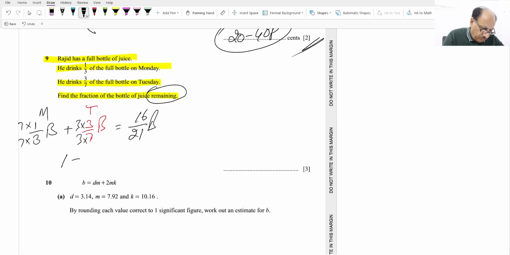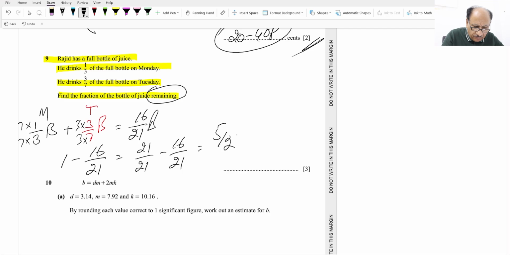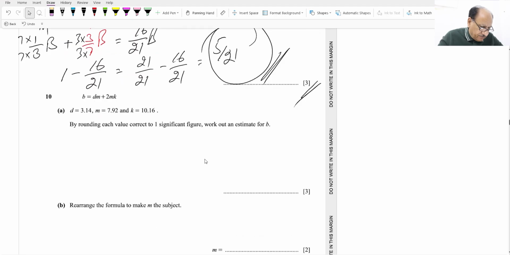So we write 1 minus 16 by 21, and this will be the fraction of the bottle remaining. So 1 can be written as 21 over 21 minus 16 over 21. So this will be 5 over 21. This will be the final answer for a 3 mark question. Hopefully you understand this. Now question number 10, and question number 10 says B is equal to this one.